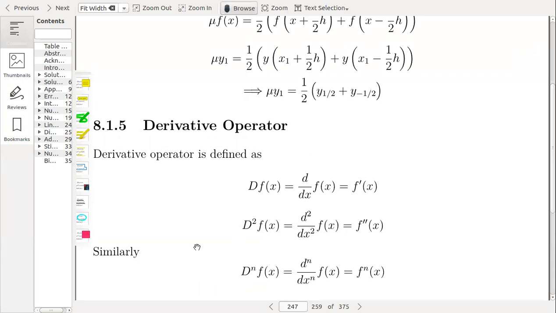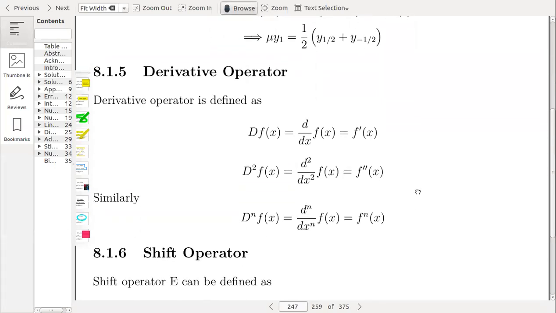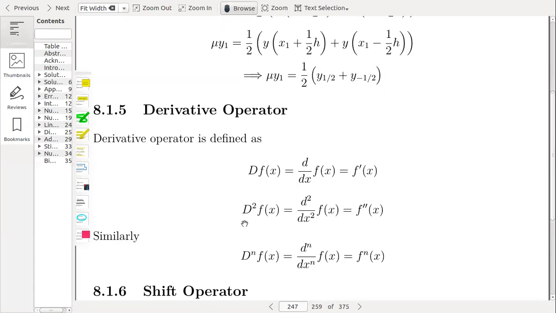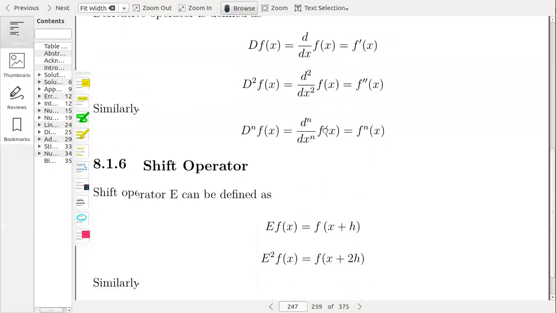And for the second derivative, we can apply this derivative another time and we can write d2 over dx2 f of x is equal to f double prime. Similarly, we can write it with power n, which means nth derivative. So Dn f of x is equal to dn over dxn f of x is equal to fn of x.